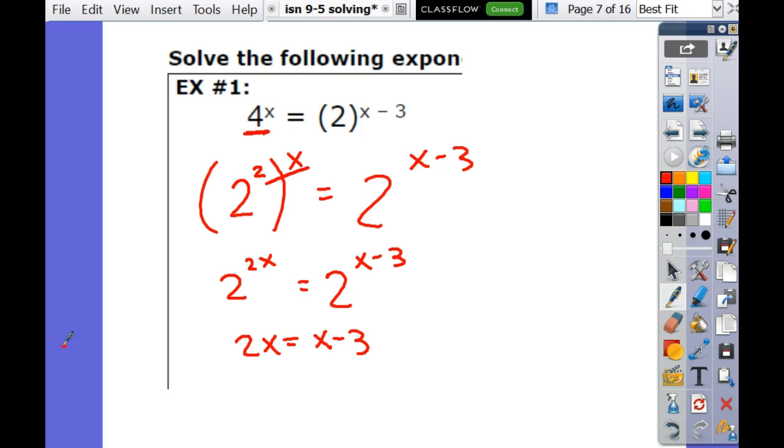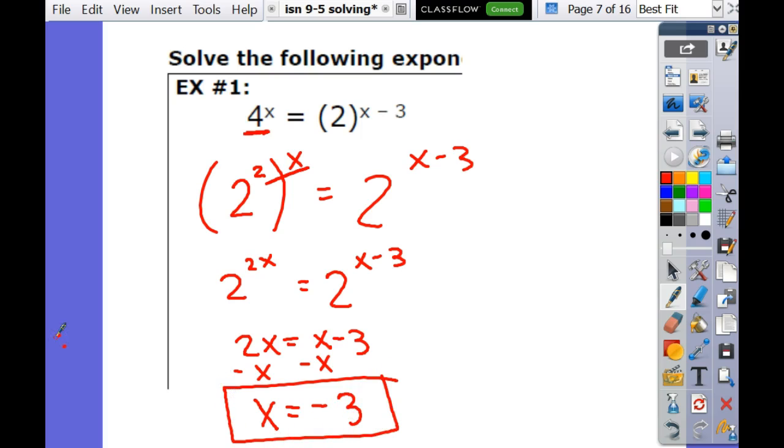Can you solve that equation? How about if I subtract x from both sides? And then that would be x equals -3 for your answer. Okay, everybody got that? Anybody still copying?